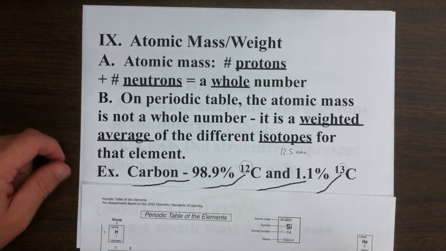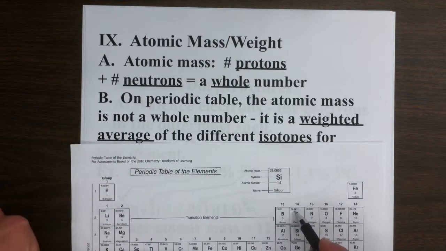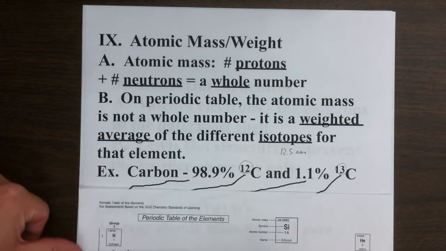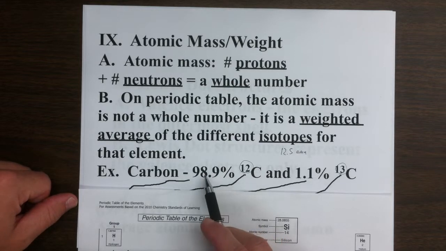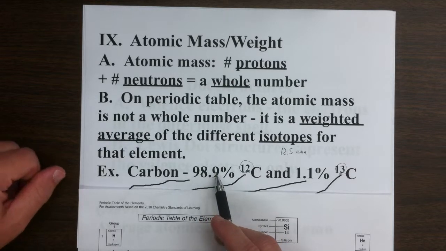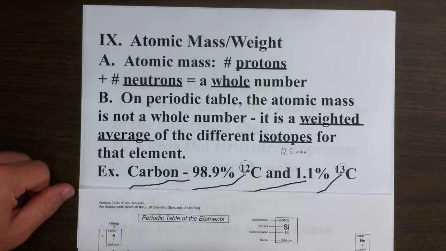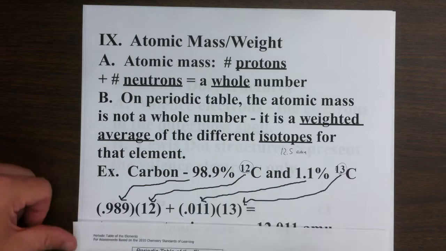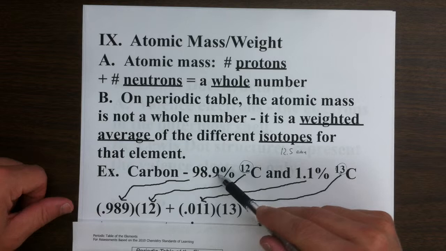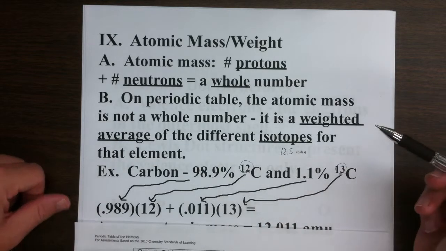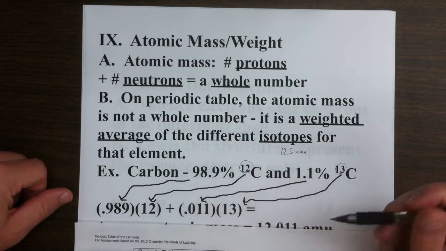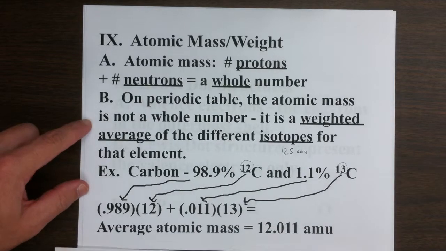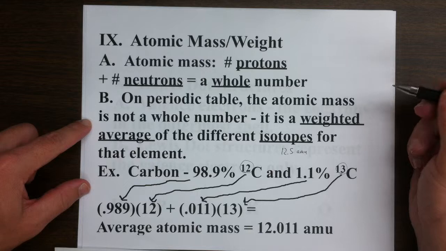In this case with isotopes, in order to determine this weighted average mass, we have to take the percent abundance here, which is what this percent means. 98.9% of the samples will be carbon-12, and we multiply it by the mass. Now, percent really means per 100. So in order to put these into a calculation we can use, we just move the decimal place 2 points, and we get what's called our relative abundance.